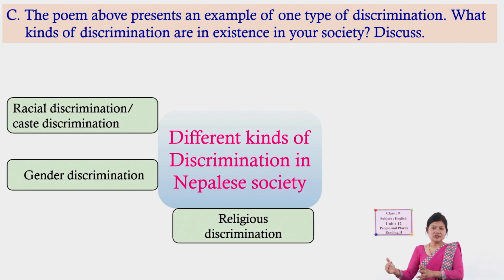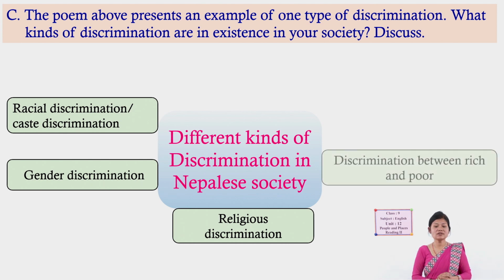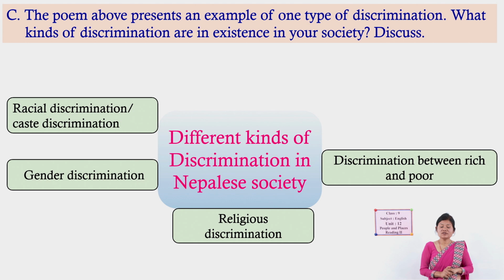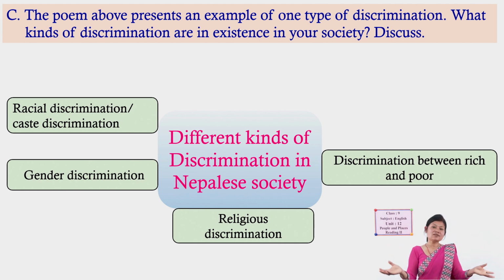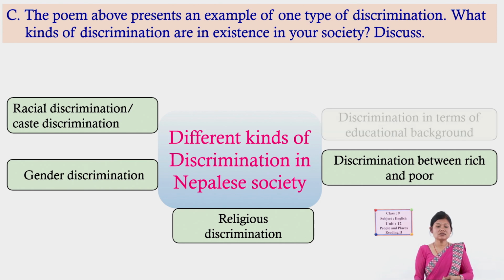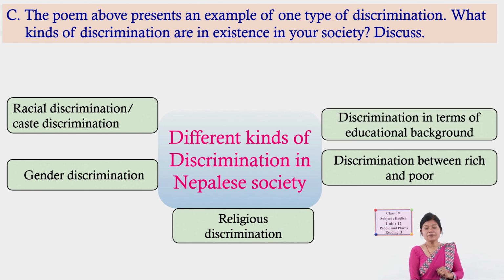Some religious groups are treated nicely and get respect, while some others do not get equal respect. So that is also a problem. Another is what? Discrimination between rich and poor, according to social and economic class, people treat differently.